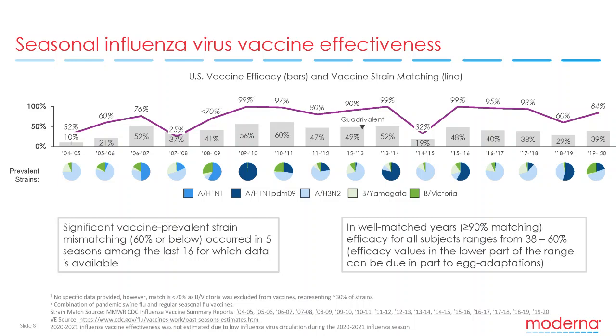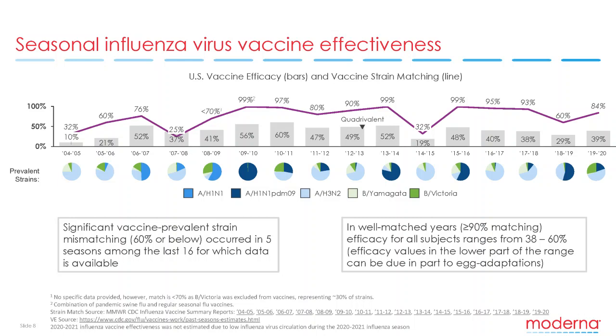So currently, if you're looking at this picture with me, let's start focusing on the bars first. This chart shows the vaccine efficacy of the current flu vaccines. Let's focus on most recent years, 17 to 18, 18 to 19, and 19 to 20. You're talking about efficacy below 40%.